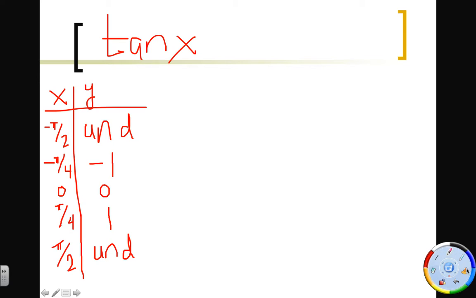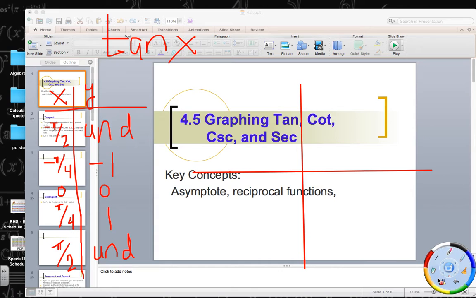So what does that mean for us on a graph? I'm going to pretend I know how to use the straight line tool here.